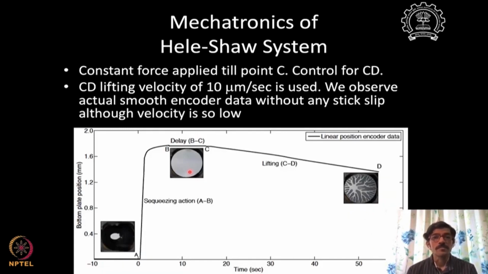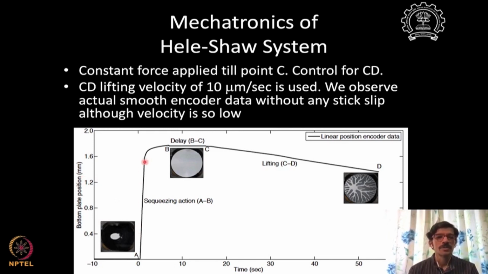Now we see some of the results of the control. Control is done in a way that, while squeezing, we are squeezing from point A to point B. This is the displacement, or the plate position in mm, of the end point. We are not plotting the angle here, we are plotting the motion of the actuator.